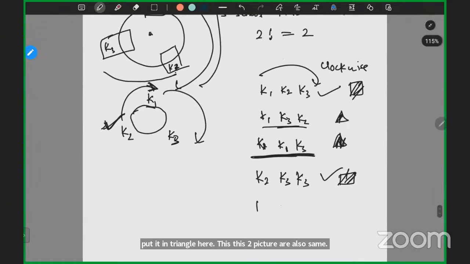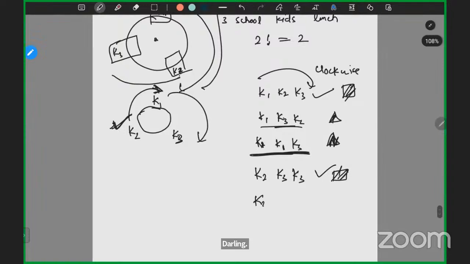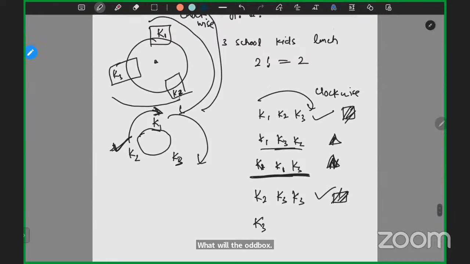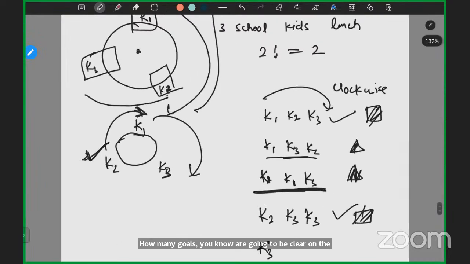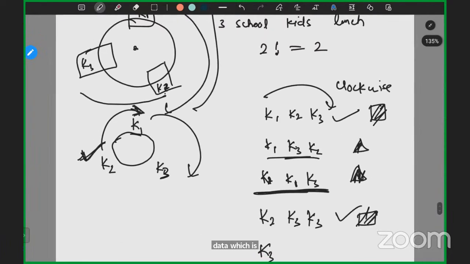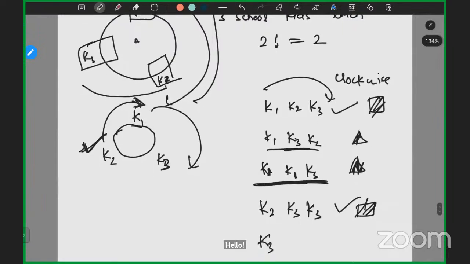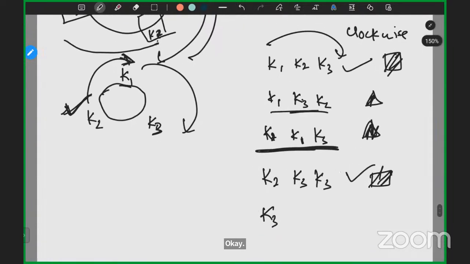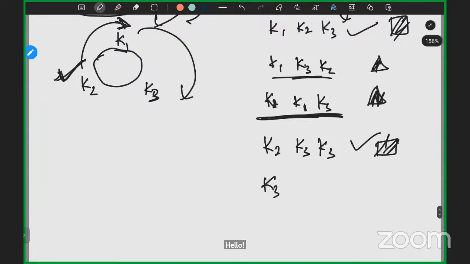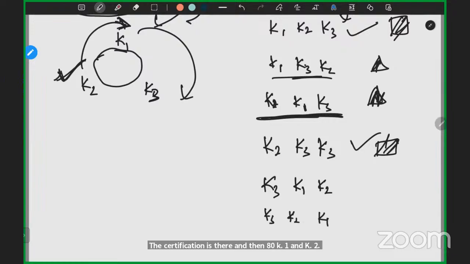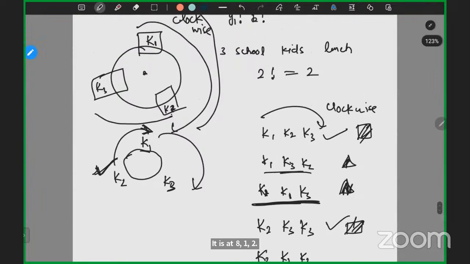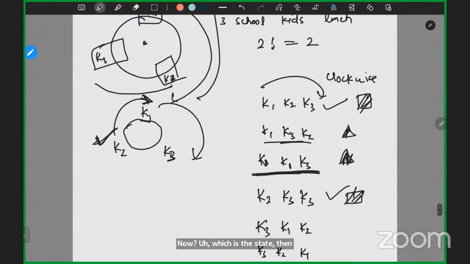Now let's say the third case is there. K3 is there, and then K1 and K2. K3, K2 and K1. Now, which is this? K3 then comes K1, so it's this one.